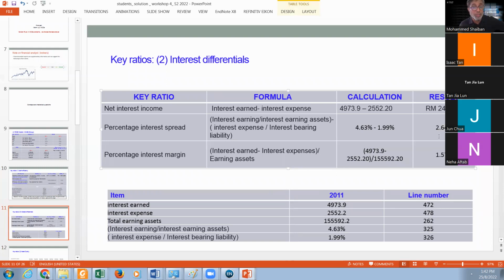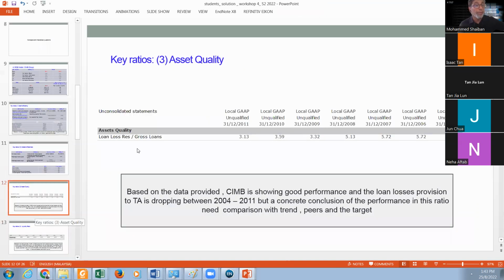We have 2.64, which is good, but we also need to see how we are doing compared to our target, our peers, and our performance last year, which is the trend. So all those questions, you need to compare.